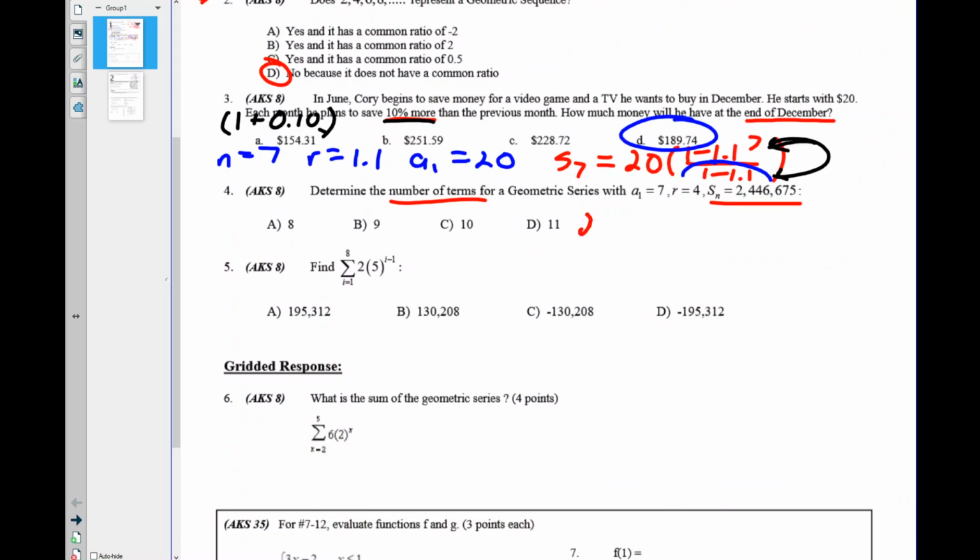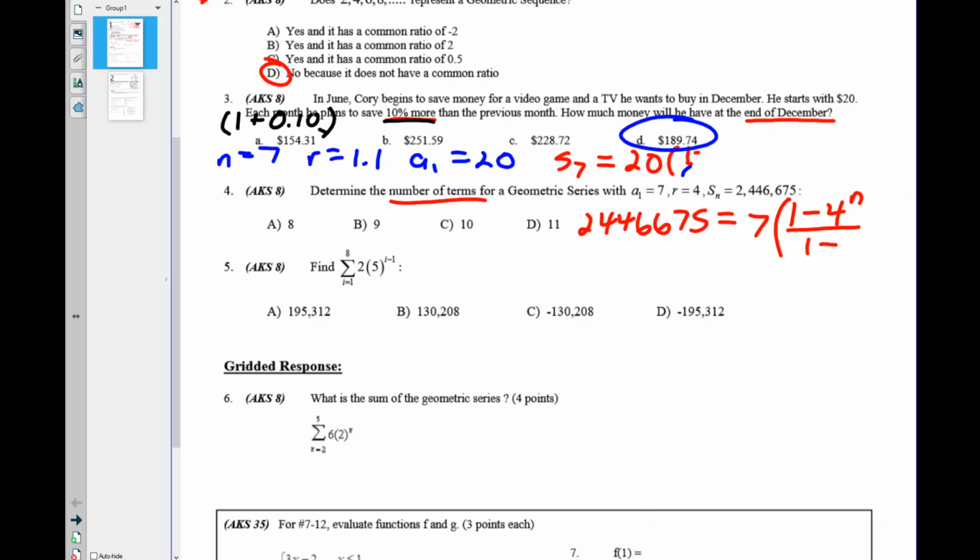So I would say 2,446,675 is equal to the first amount, which is 7, times one minus the common ratio, which is 4 to the power of n, over 1 minus 4. Now this one you can't just put into the calculator because the variable has not been isolated. You have to isolate the variable.